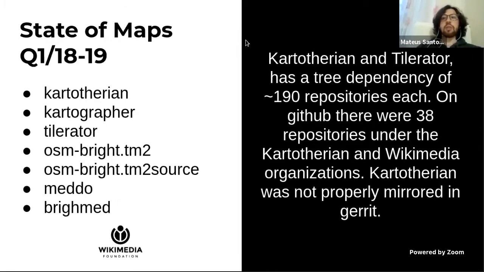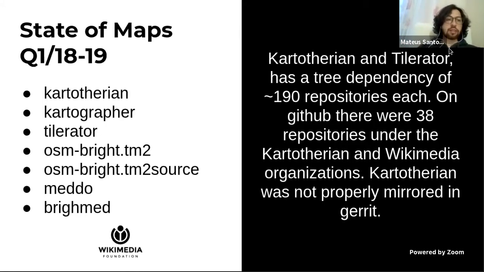Kartotherian was supposed to be a community project for itself, but that didn't happen. And later on, in the maintenance work, we brought it to Gerrit and started to do our work, and we figured out the source code as being on our infrastructure.